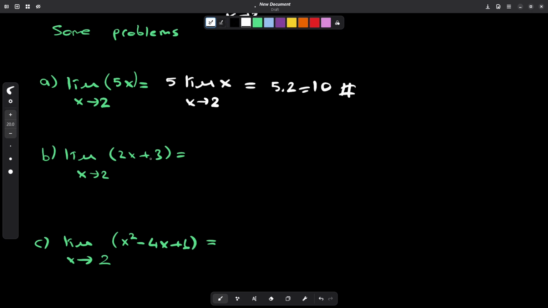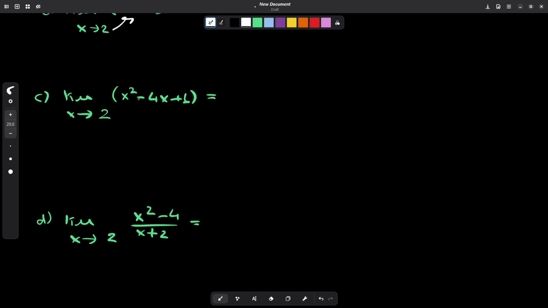Limit of 2x plus 3 as x approaches 2, you can just plug it in, 2 times 2 plus 3, which is equal to 7. Limit of x squared minus 4x plus 1, plug the 2 in, 4 minus 8 plus 1, which is equal to negative 3.